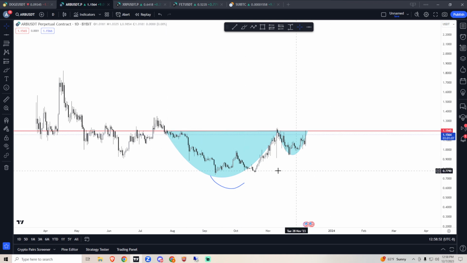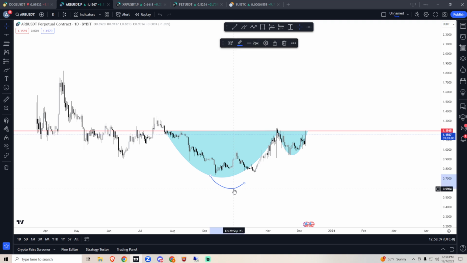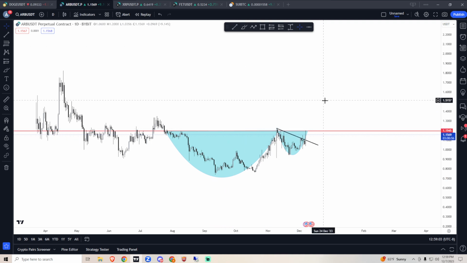It's a cup and handle to me, unless you're counting this. But you have an inverse head and shoulders sideways.